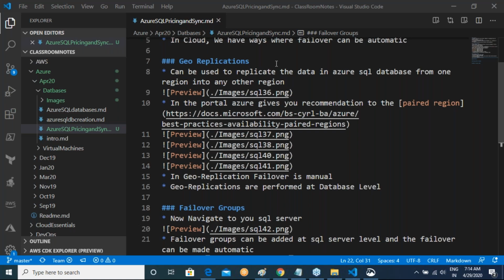So in the failover groups, you can add your geo replication. Adding a geo replication and then adding it to a failover group is a better choice, which industry basically uses. Clear on that? Any doubts now?